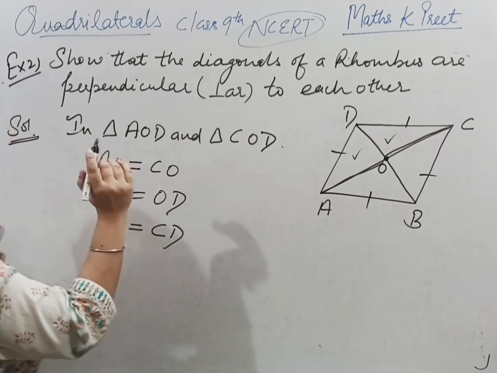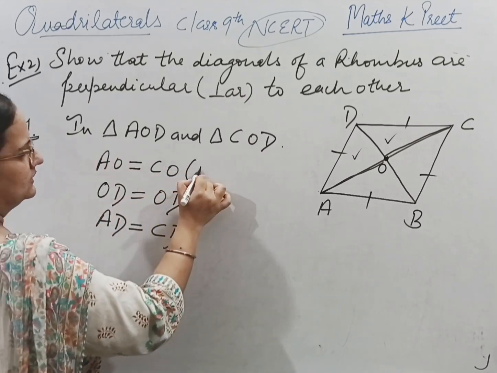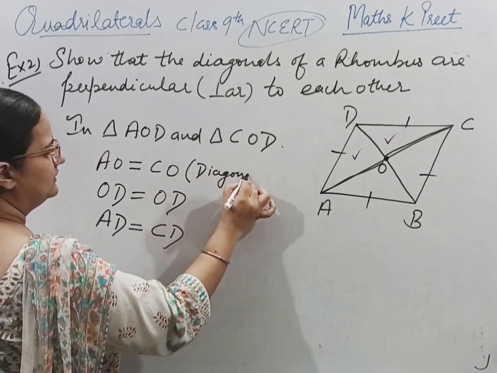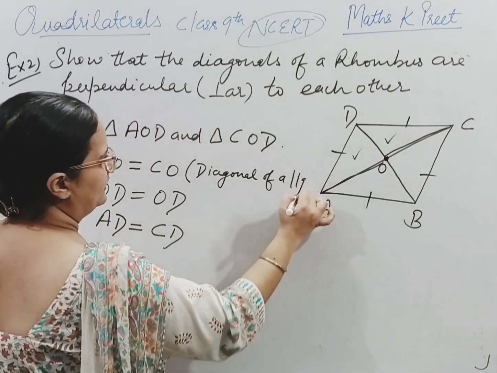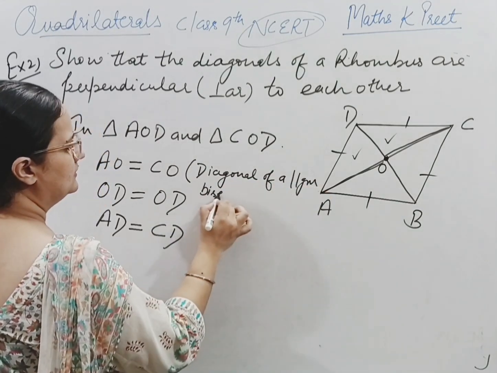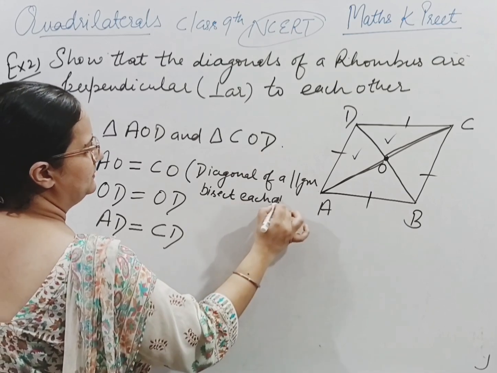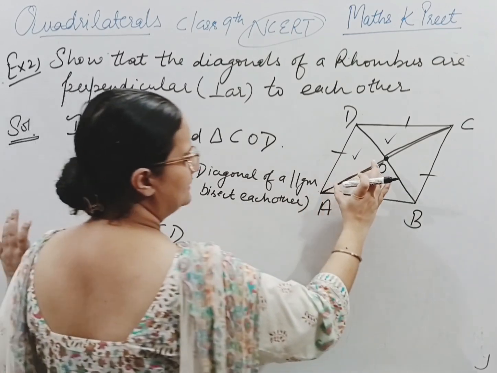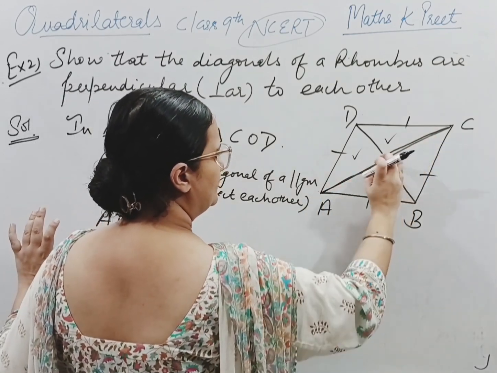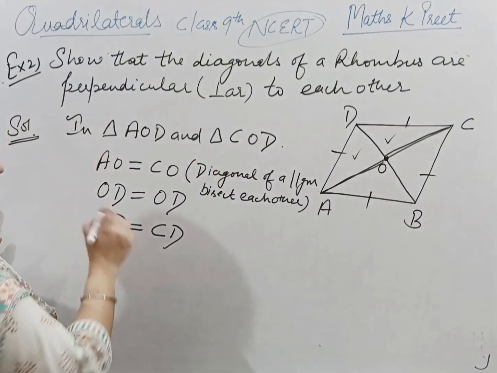What are the reasons why they are equal? Because we know that the diagonals of a parallelogram bisect each other, meaning they are of equal length. These two lengths are equal because O is bisecting AC.